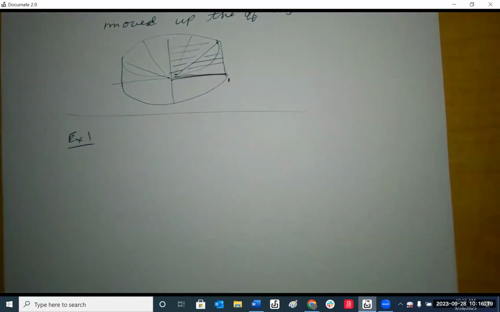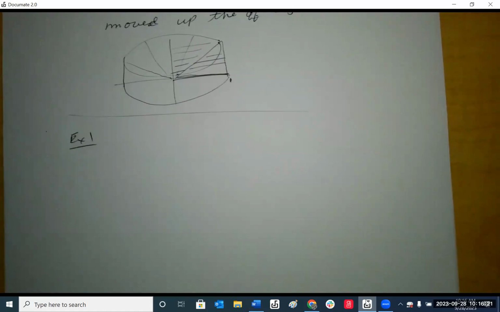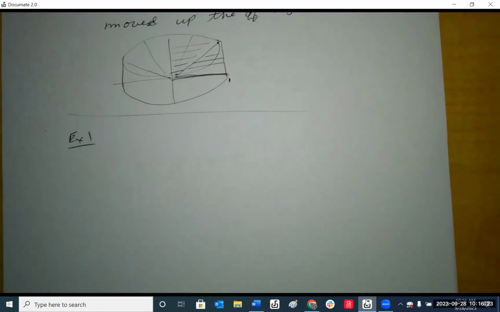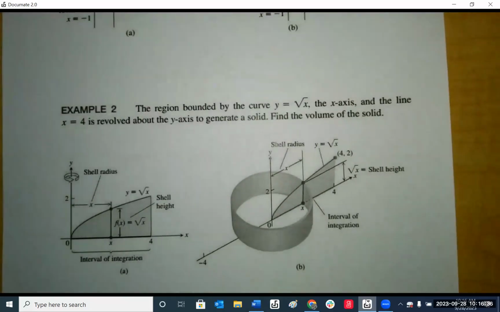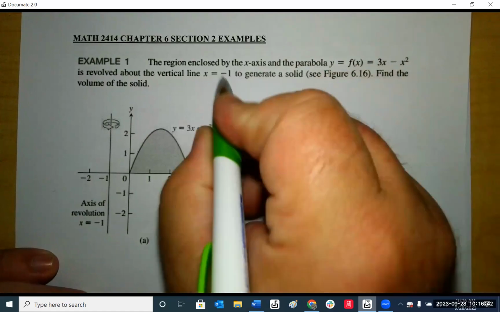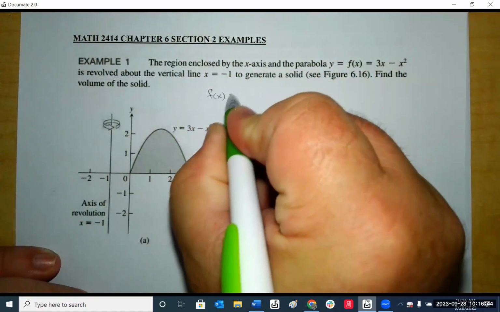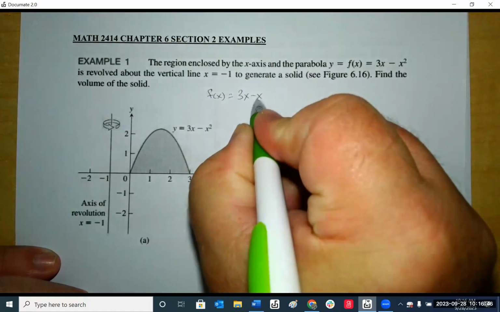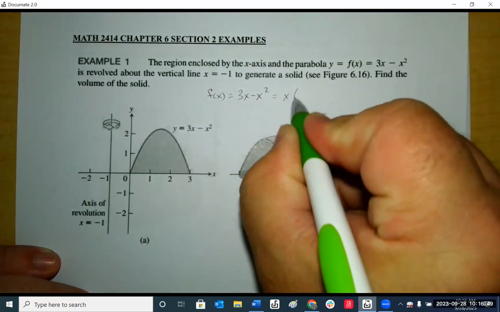Actually, there's a sheet over there. The first thing we do, we see the function here, f of x equals 3x minus x squared. We can factor out an x.